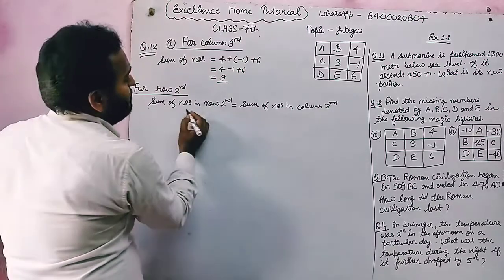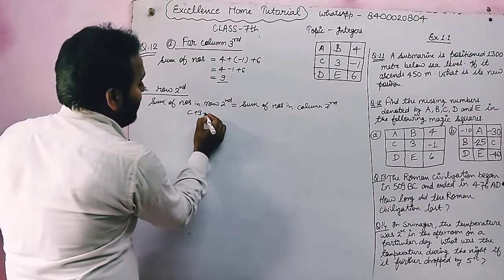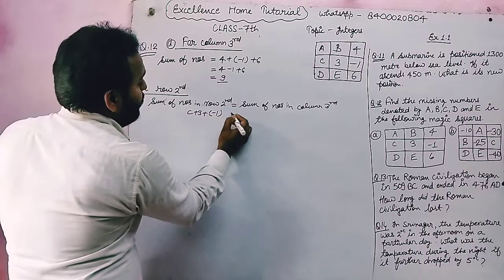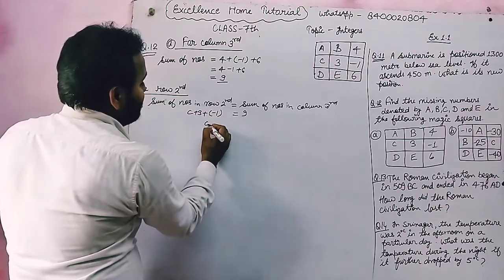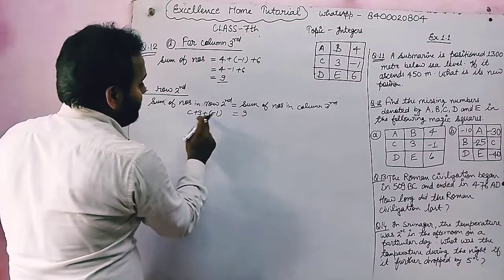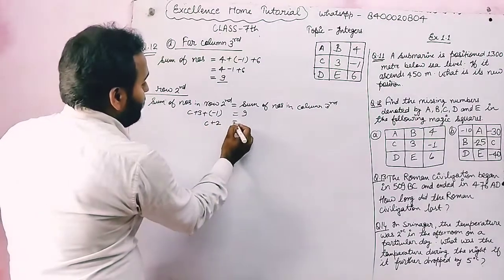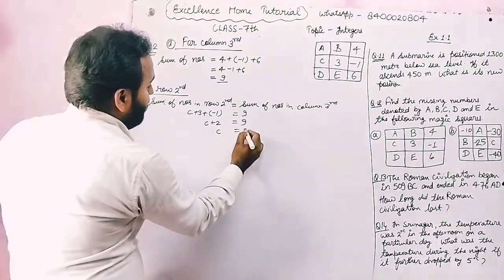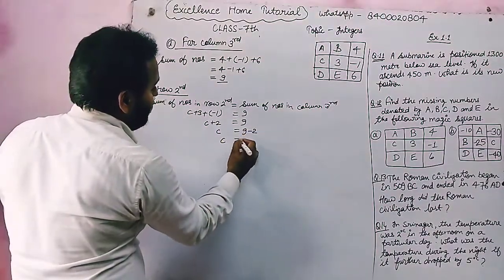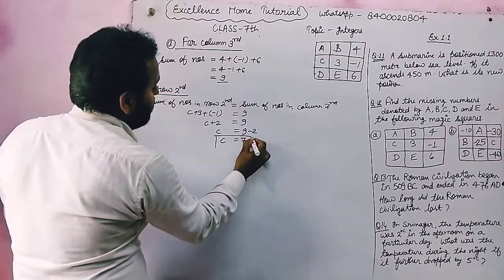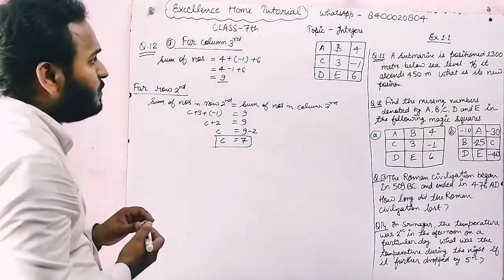So in row second, C plus 3 plus -1, and this is 9. This is C plus 2 equal to 9. C equal to 9 minus 2, that is C equal to 7. This is the answer, C equal to 7.